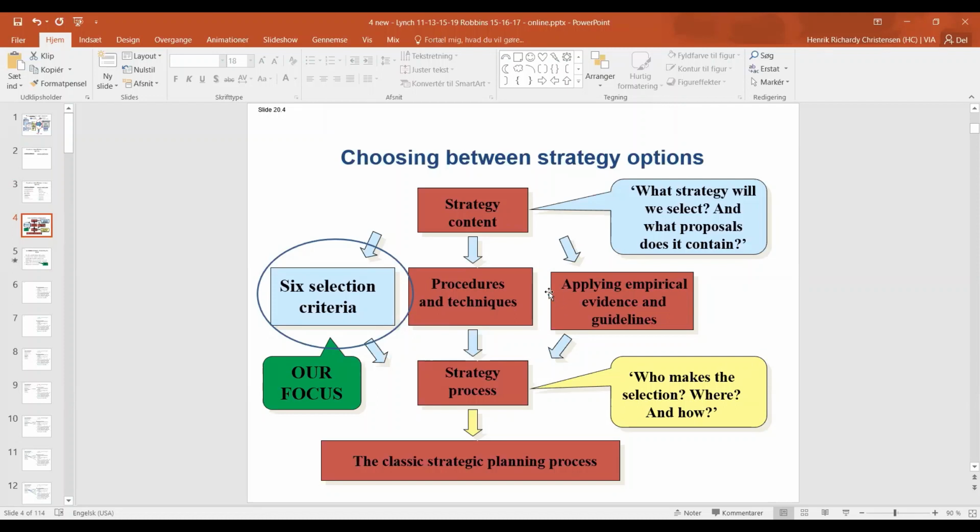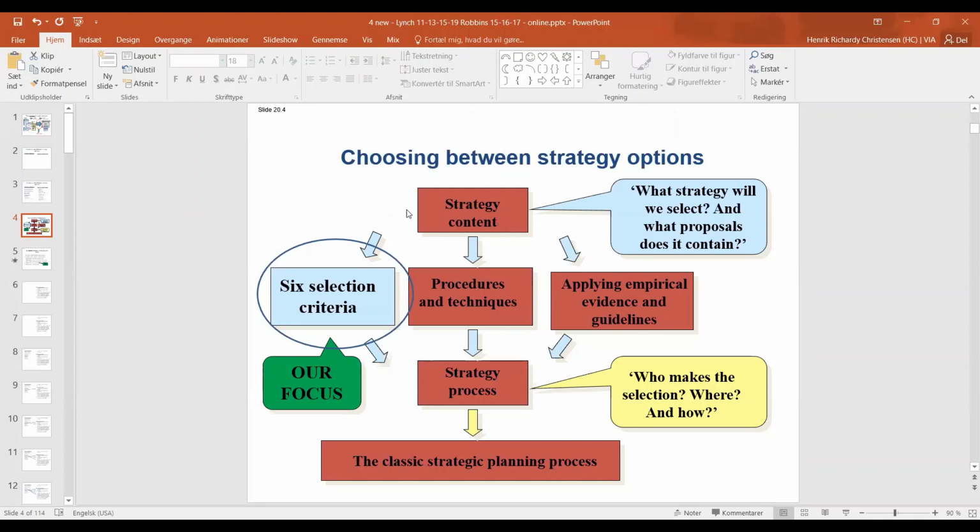Of course, the procedures and techniques are pretty okay to read by yourself, and it's not that difficult to understand that we have different procedures and different techniques. Also, you are quite familiar with the application of evidence and that we use specific guidelines when we are going to figure out what kind of strategy we are going to apply and what is the content of that strategy.